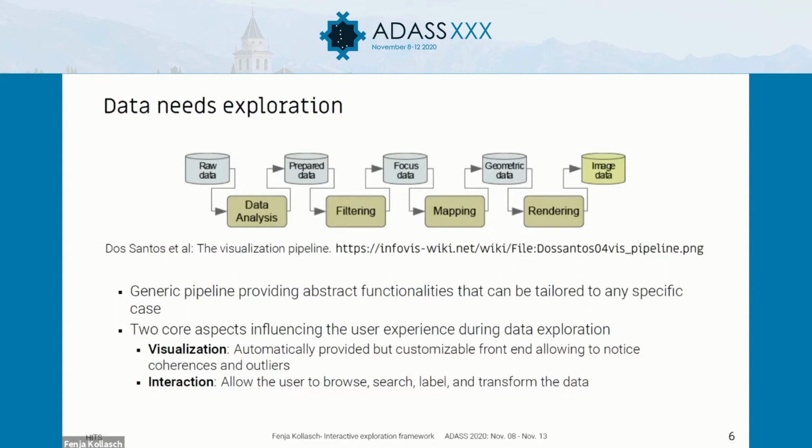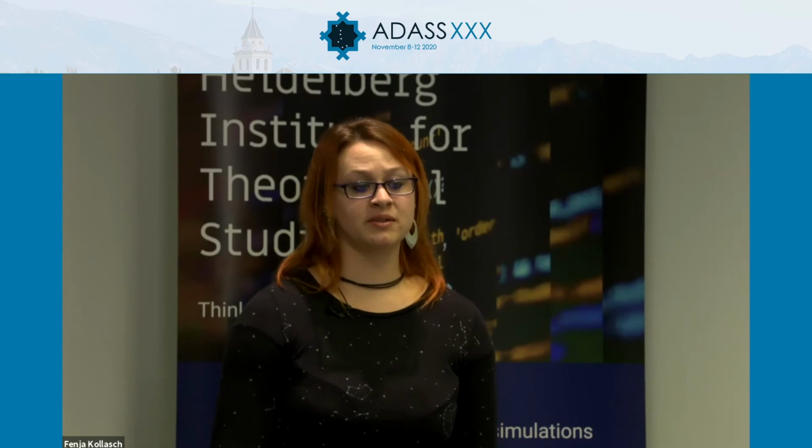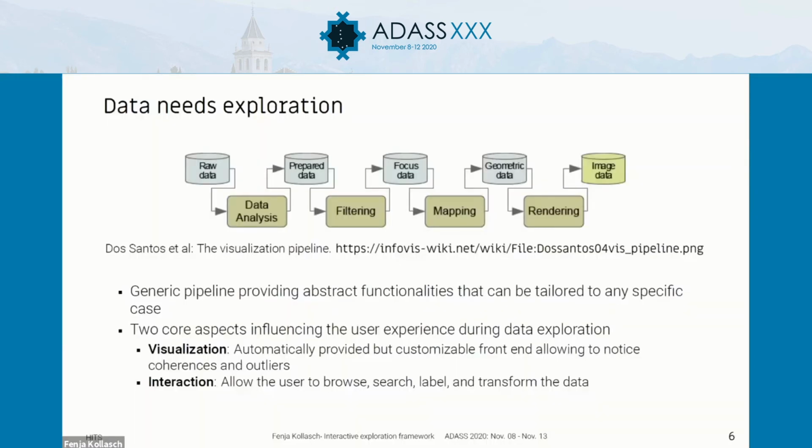Displaying an abstract application is always a little bit difficult, but the two core aspects that influence the user experience during data exploration are very abstract. For once, this is visualization. You need to have a visualization of your data. You need to see what you are looking for. Vision is the human's strongest sense.